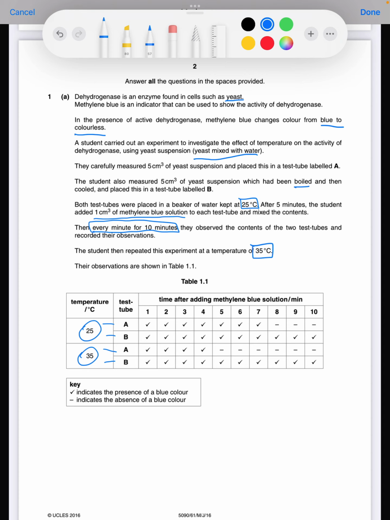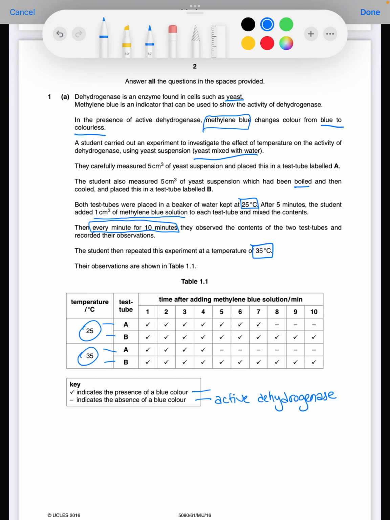Now the tick mark indicates the presence of a blue color. That is, the methylene blue did not change any color. And the absence of a blue color means the methylene blue changed its color. So it became colorless. So this actually means that we have active dehydrogenase.